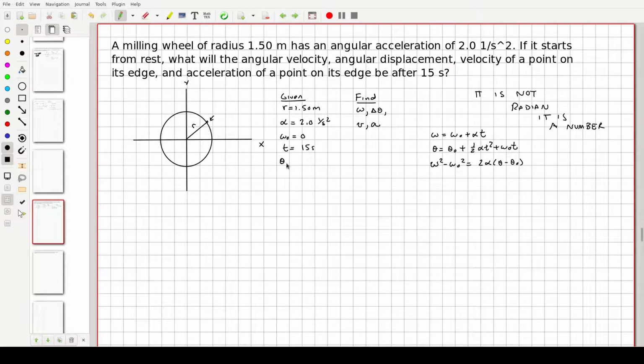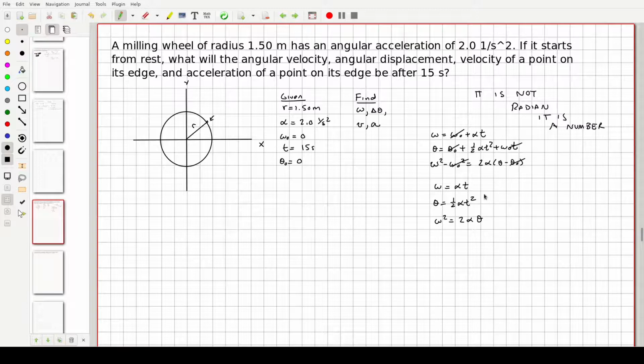And we'll have our angle start off at 0 when it first starts to rotate to make our lives easy. Omega naught is equal to 0, theta naught is equal to 0. So at the end of the day, you have omega is equal to alpha times t. You have theta is equal to 1/2 alpha times t squared. And this is really the same thing as displacement since our starting position is 0. And then you have omega squared is equal to 2 times alpha times theta. So things have simplified greatly.